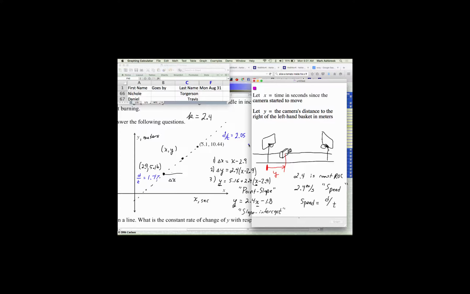So the speed of the camera is changing. At one point it was 1.77, later it is 2.05. Is that right? Agree with that? But I thought we said the speed of the camera was 2.4. So we said it was 2.4, and then with distance over time, you got 1.77 and 2.05. So not only is it not 2.4, but it's not a constant speed.